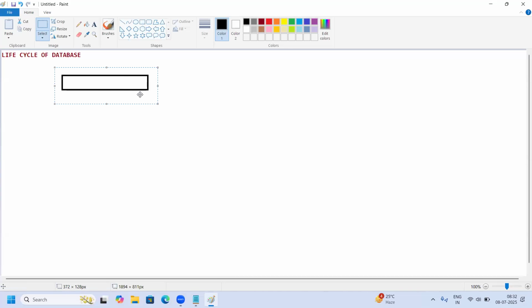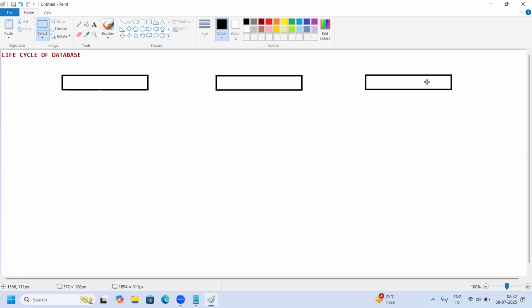This is one phase, this is one more phase, and finally the third phase. Total 3 phases. In every phase, the process will go in a systematic way.